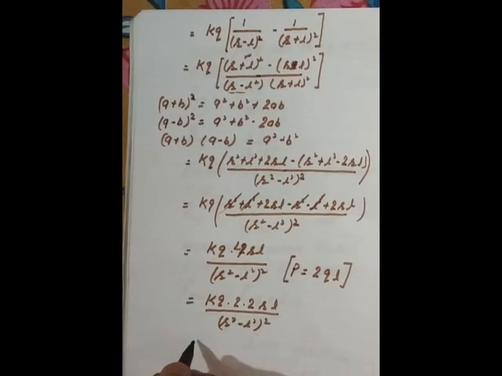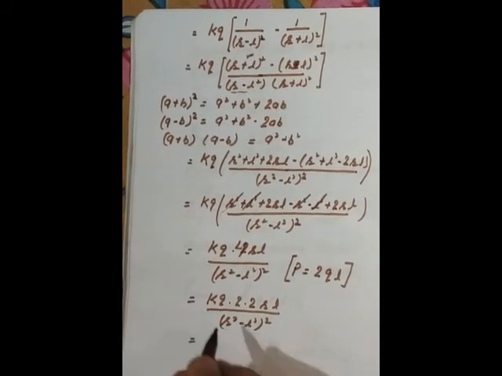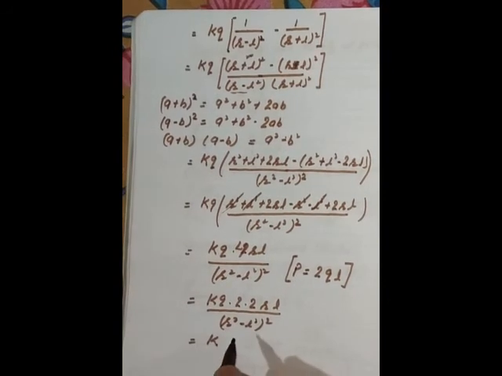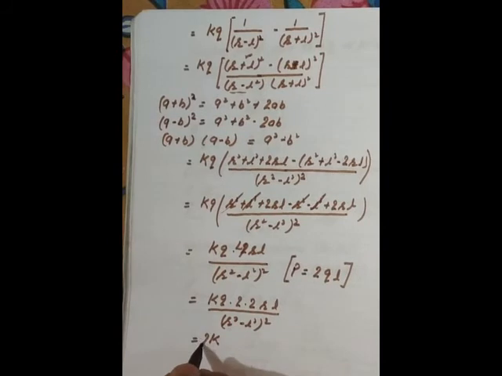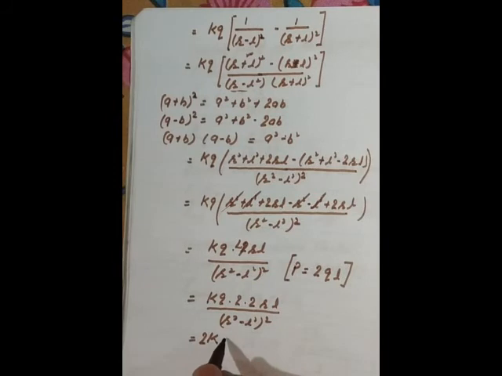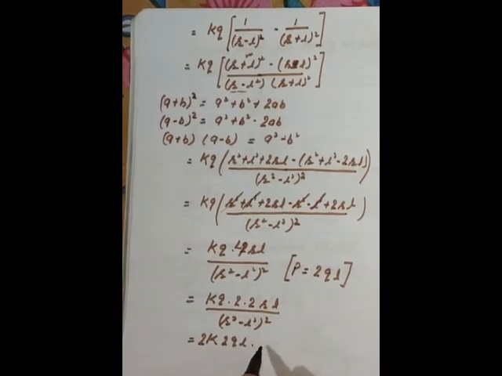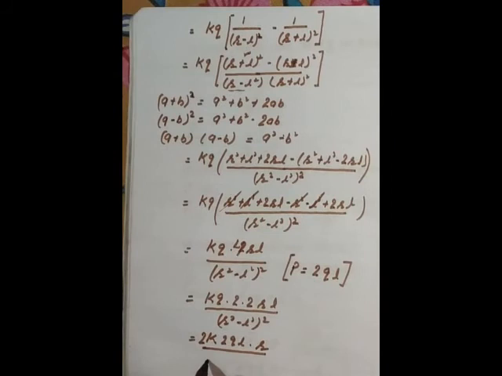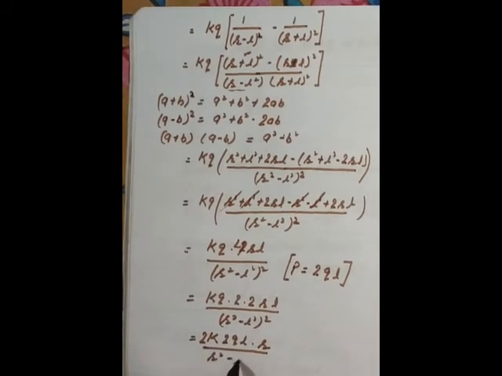Then by shifting the identities, K and here you can write 2QL and R upon R square minus L square whole square.